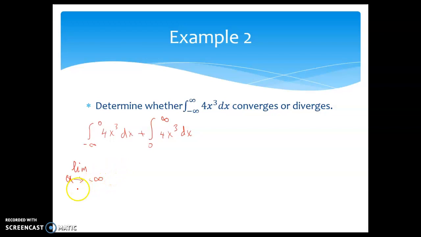So limit as a goes to negative infinity of the integral from a up to 0 of 4x cubed dx. Limit as a goes to negative infinity of this one here would be equal to 4x to the 4th over 4, evaluated from a to 0.